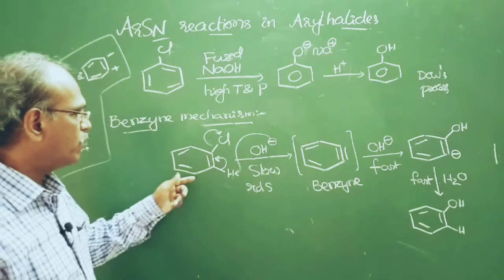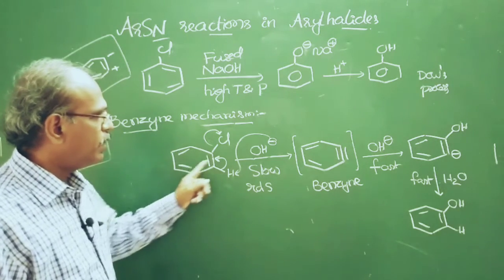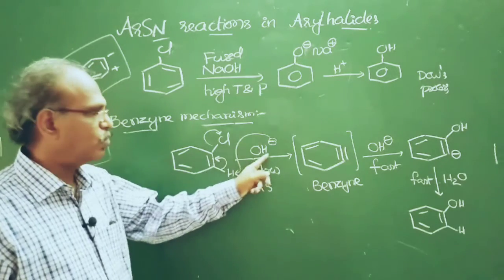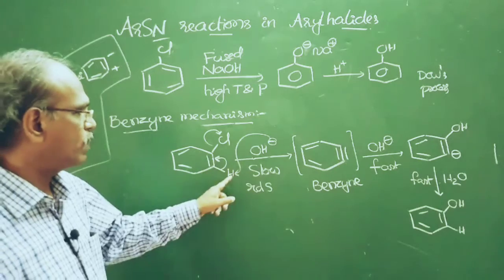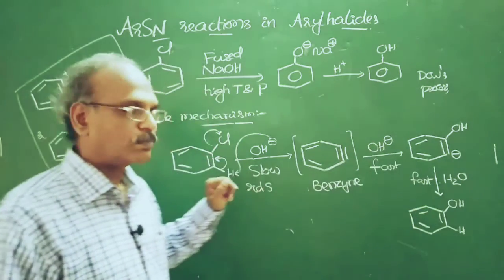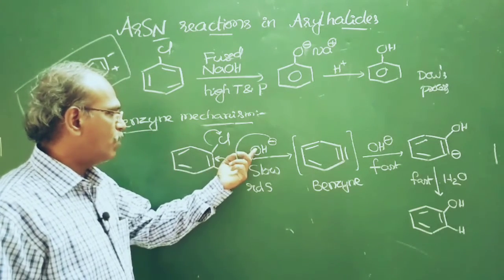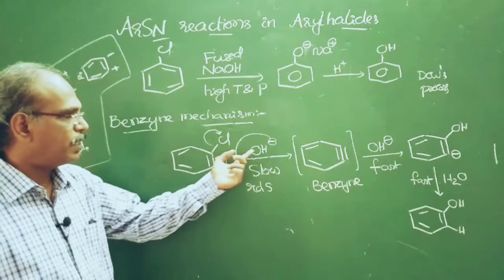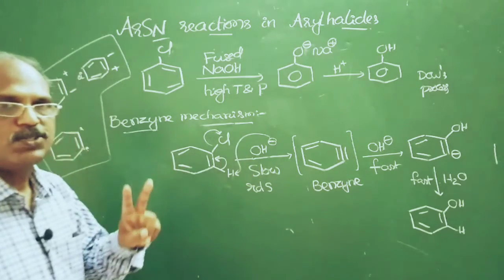This rate determining step involves the aryl halide and the base or the nucleophile. Here it is acting as both base and nucleophile. In this step, base. In this step, finally, it involves both the aryl halide and this OH minus. So its molecularity is 2.